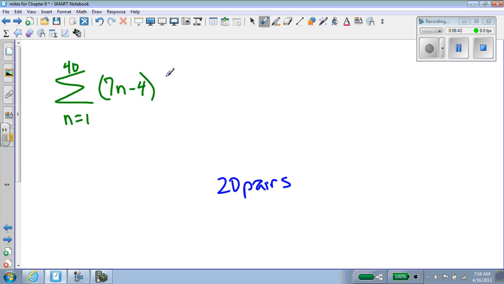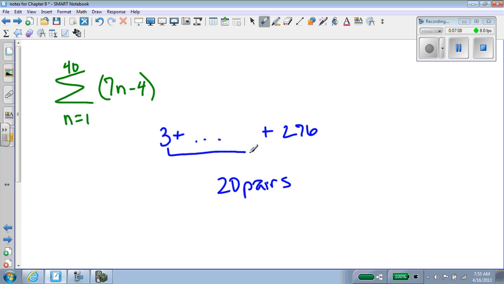So I need my first term. Plugging in a 1, that would be 7 minus 4, 3. I could start to list more terms, but I know I need my last term. That's the 40th term in this case. 7 times 40 is 280, so 276.